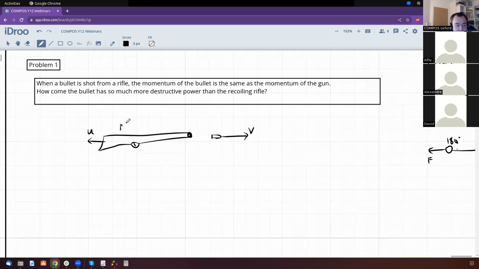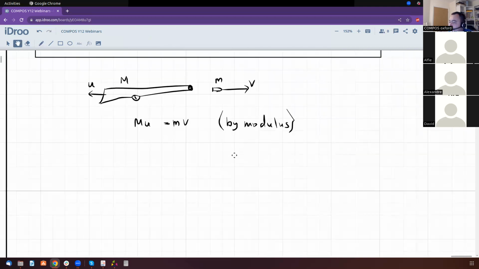The mass of the gun is M capital, and the mass of the bullet is m. Now, ignoring the signs, positive and negative, we know that the momentum is the same. So Mu is equal to mv. Yeah, by modulus. By modulus means we are ignoring the signs. We're going to square the velocity anyway, so it doesn't really matter what we do.